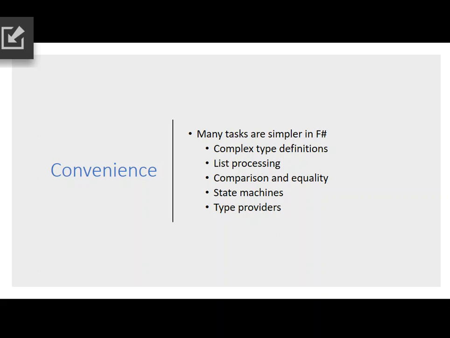But in F sharp, they're more powerful than that. List processing is easier, comparison, equality, state machines, and type providers make talking to the outside world much, much easier.